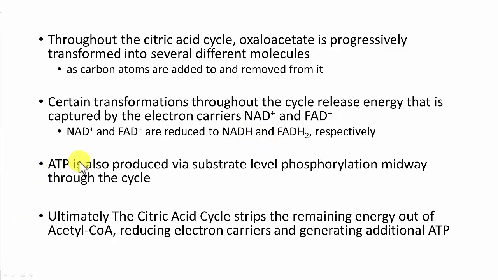We're also going to produce a little bit of ATP, similar to glycolysis. We actually do produce a little bit of net ATP here, but ultimately that amount is somewhat trivial. It's not a high yield. So even though we do actually produce a little bit of ATP, the primary takeaway from the citric acid cycle is a large number of reduced electron carriers. And in the last stage, we'll see how they play a role in the electron transport chain.